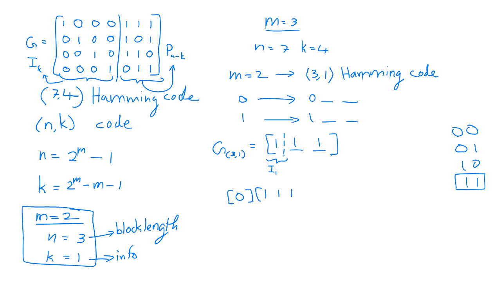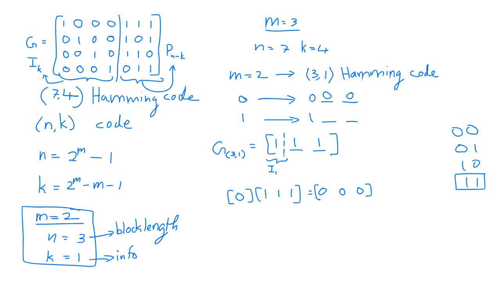What do you get? You'll get 0 into 1 is 0, 0 into 1 is 0, and 0 into 1 is 0. So the code word that you get is 0, 0, 0.